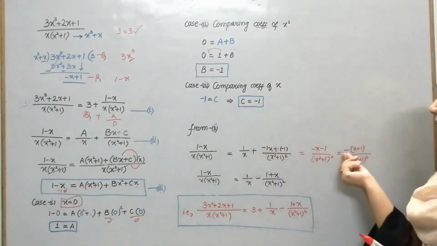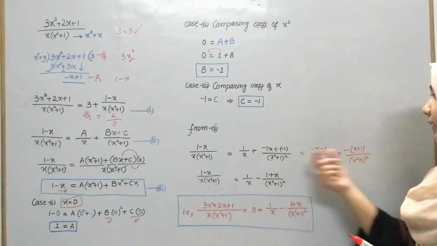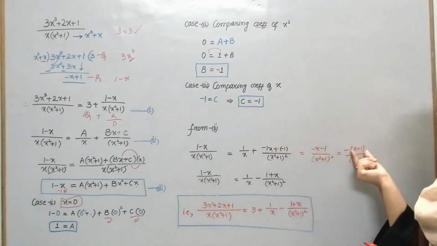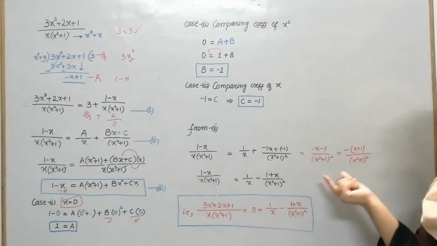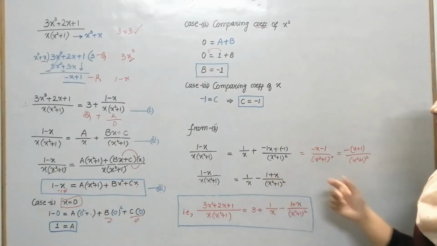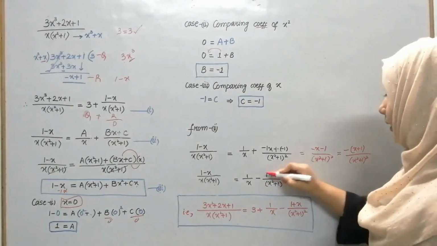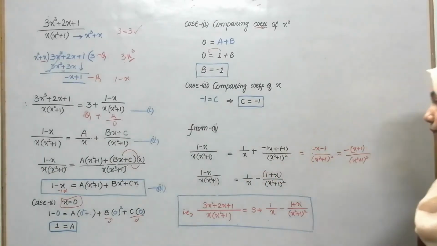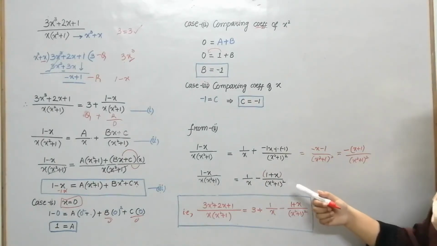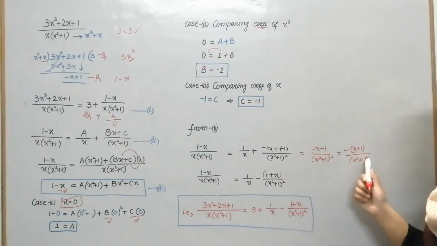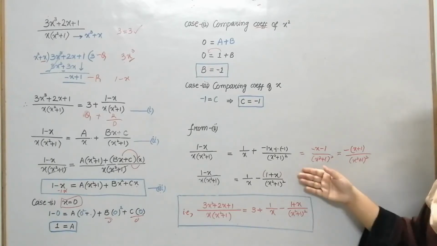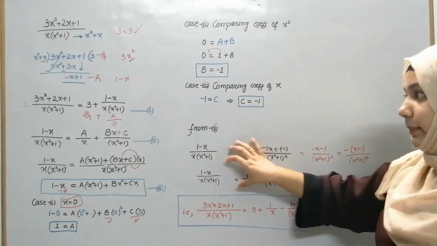Instead of writing this, I am writing this. x plus 1 or 1 plus x is one and the same. 1 plus x, keep this in brackets, by x square plus 1 whole square. This is done.